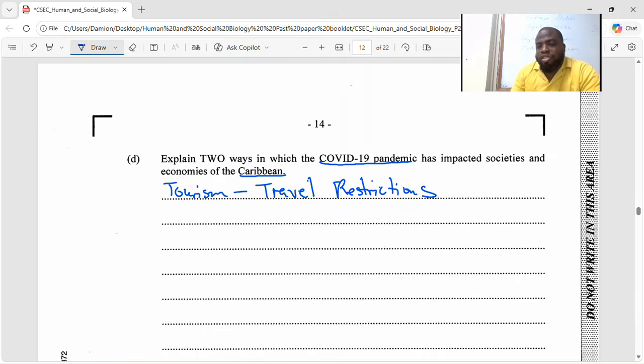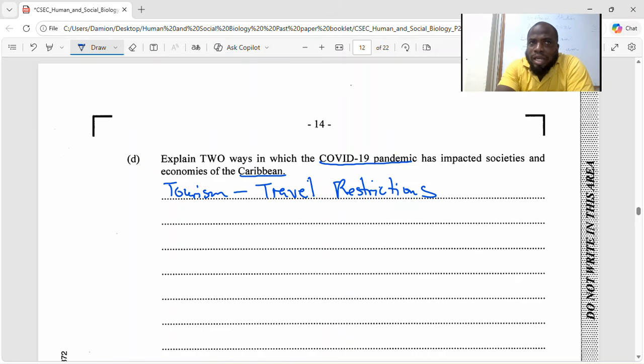And so due to these restrictions, persons who would have considered coming, especially during August and December, the height of those periods, persons come to a country like Jamaica to experience our beaches and other flora and fauna and other breathtaking sights that we have here in Jamaica. The Blue Mountains, the Dunn's River Falls, places like those. But because of the restrictions, our tourism got a major hit.